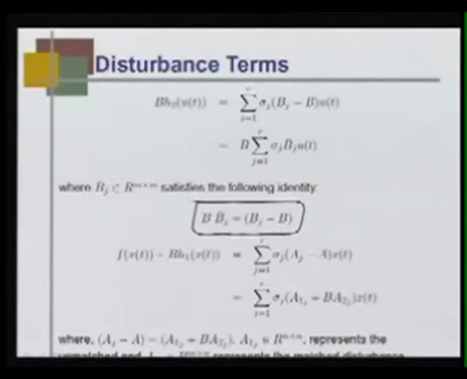Similarly, f x t plus b h 1 x t is this second term, sigma j a j minus a x t, j equal to 1 to r, and then this can be written in terms of 2. Looking at this, you can easily see sigma j a 1 j x t is f x t, and sigma j b a 2 j x t, I can take out b and write this as b h 1 x t. So, here a j minus a has to be written in terms of a 1 j plus b a 2 j.